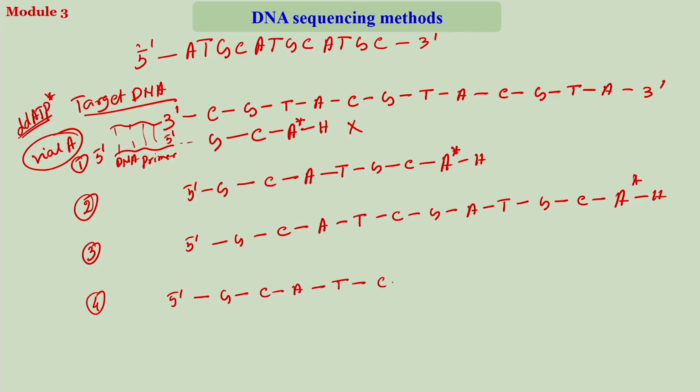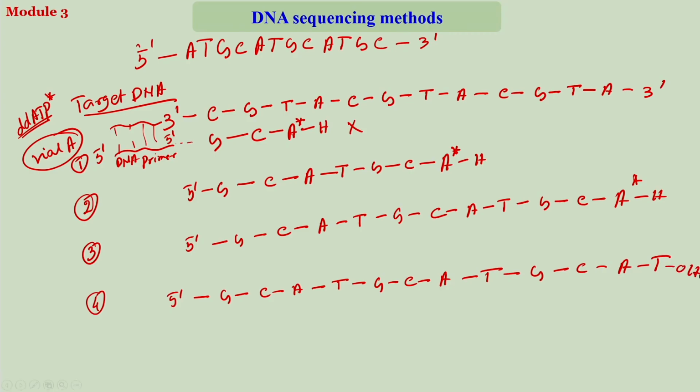A, T, C, G, C, A, T. I am sorry, this should be G, this should be C, G, C, A, T and G, C, A, T, G, C, A, T, G, C, A, T, G, C, A, and then finally T.